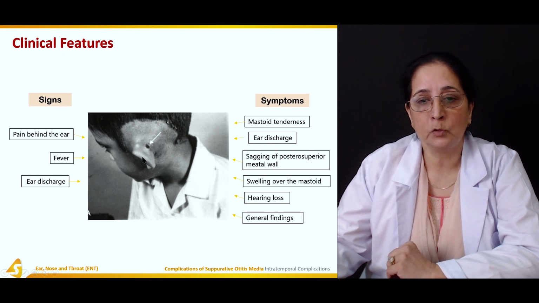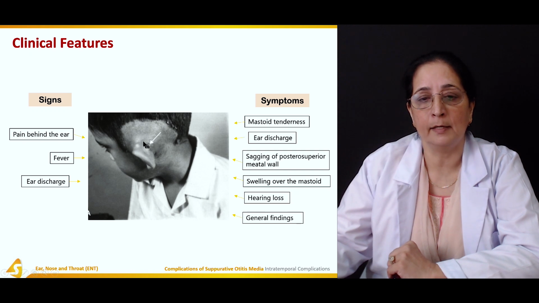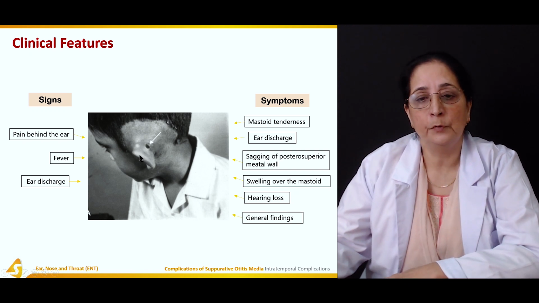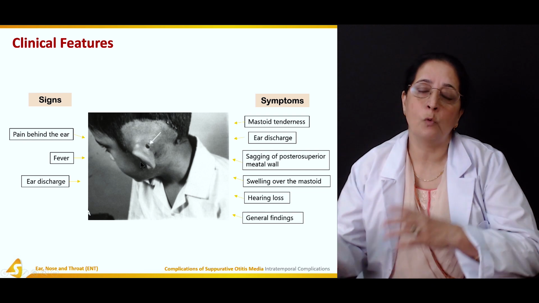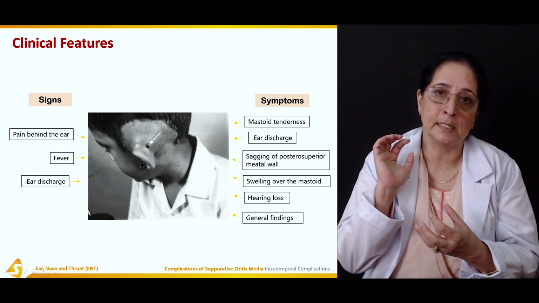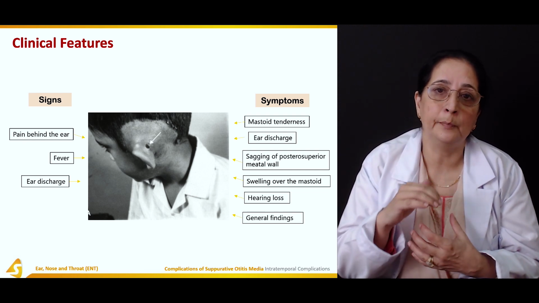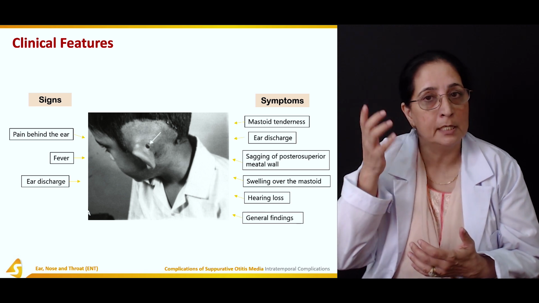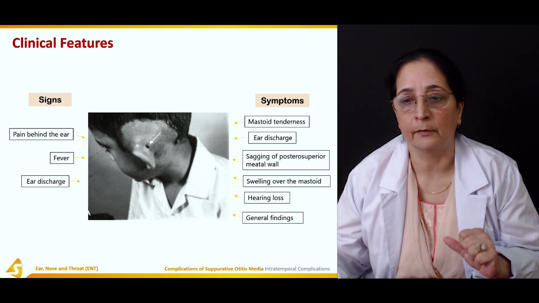So posterior-superior, this is the posterior side, superior, and there is sagging of the posterior-superior meatal wall as a result of an abscess that puts pressure on the posterior-superior meatus and causes sagging of it.